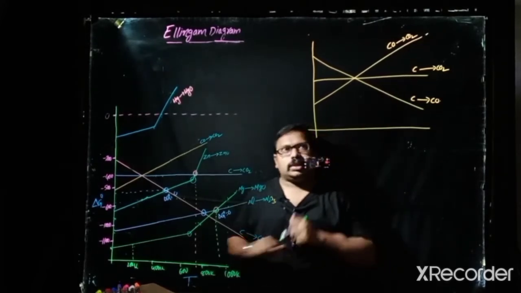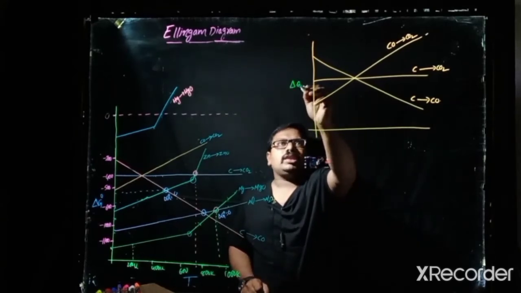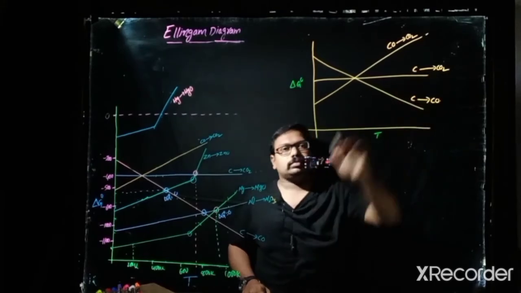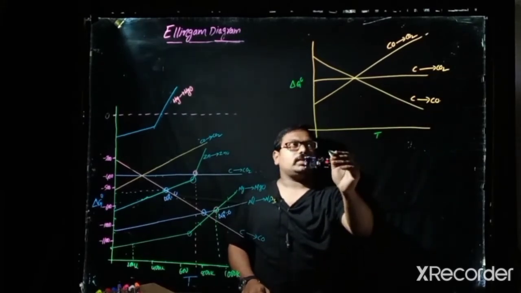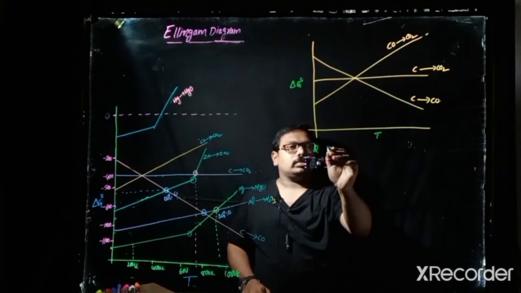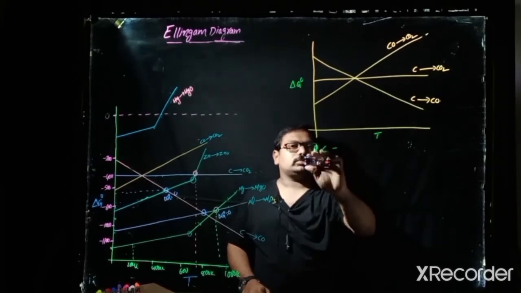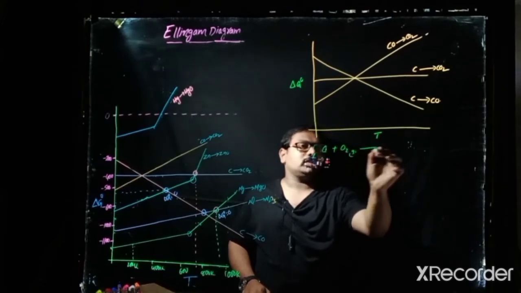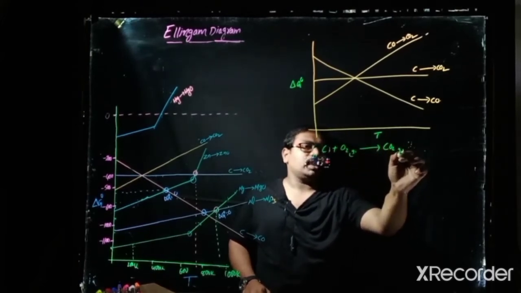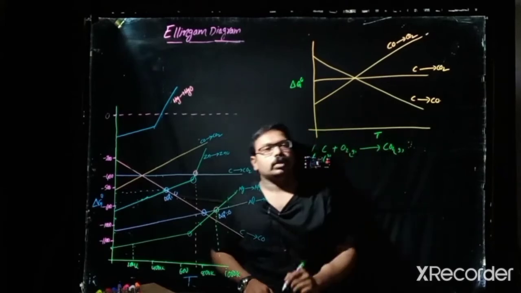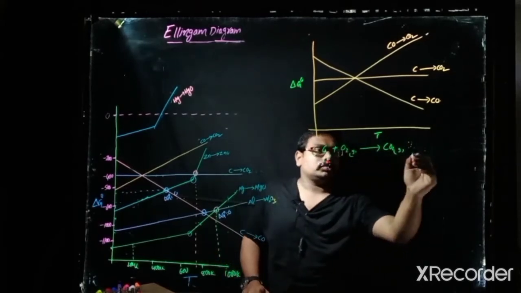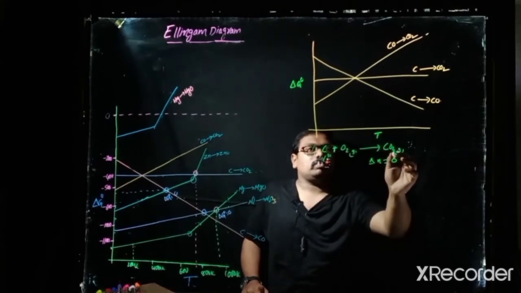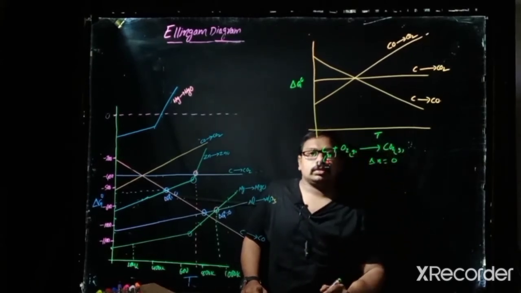Here is delta G naught, and here is temperature. First of all we discuss this curve. Here we have C plus O2 gives rise to CO2, where the carbon is a solid and the CO2 is a gas. So delta n will be 0, because on this side there is 1 mole and on this side there is 1 mole.